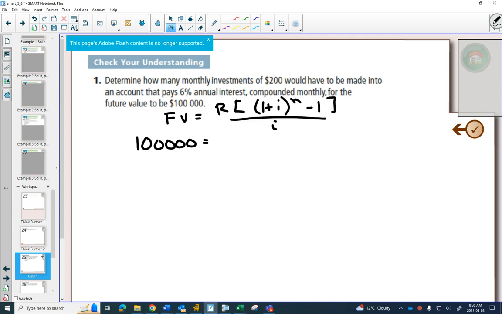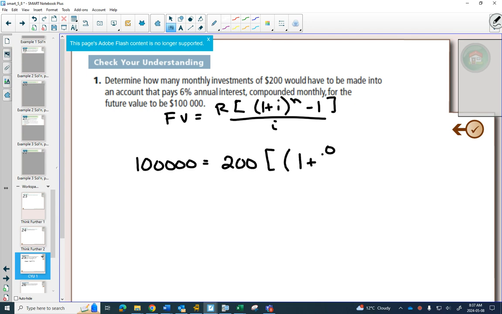So there's our formula again. So we want our future value to be $100,000. We're only putting $200 away a month. The interest rate is 6%, so as a decimal, compounded monthly.